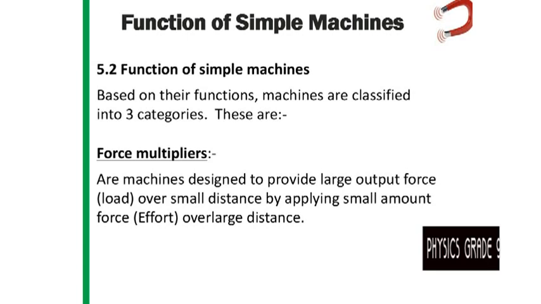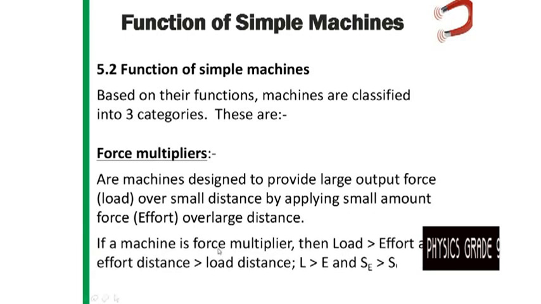This is done by applying a small amount of force, which is the effort, over a large distance. The reason it's called a force multiplier is because you're using a small amount of force, the effort, to produce a larger output force. You're multiplying the force from the initial effort force to a much larger load force.